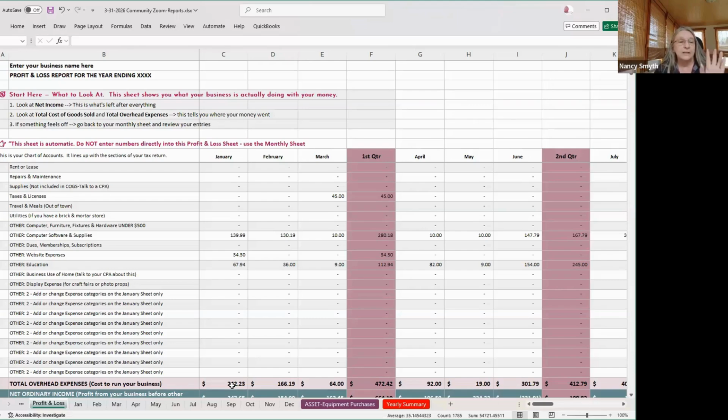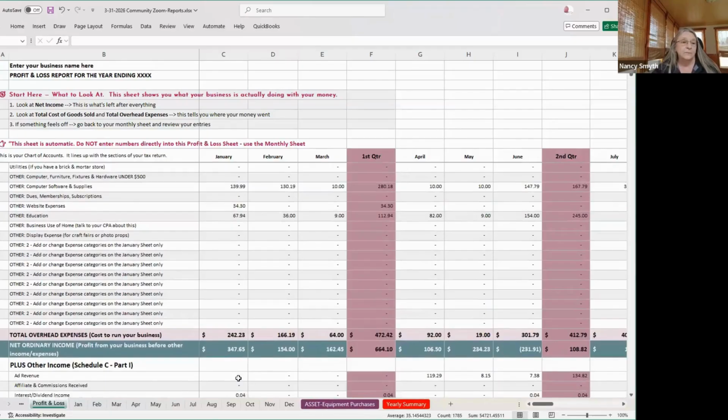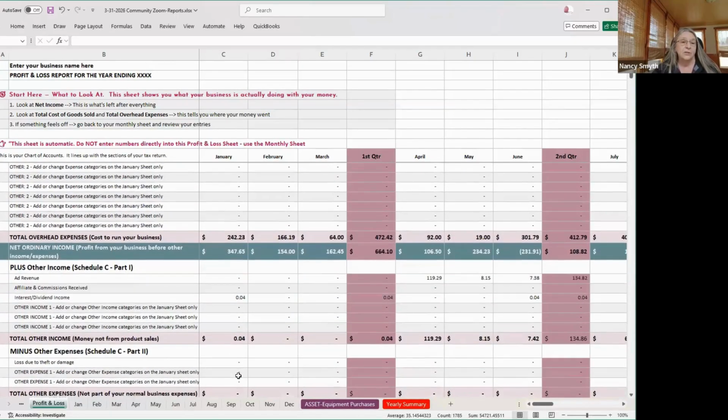And that's why the P&L is probably your biggest friend, because it's impartial. It says, okay, here's what you spent. Here's what you had in income. Here's the money that basically saved your butt from having to put money out of your pocket into this business.